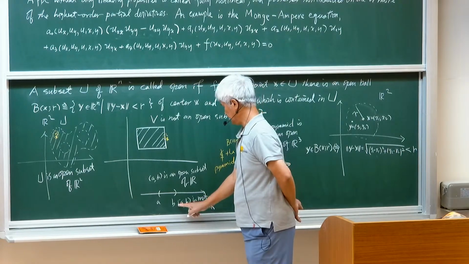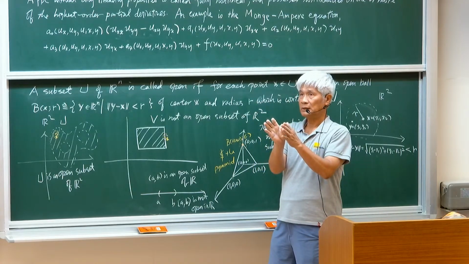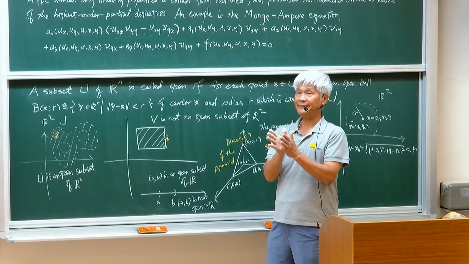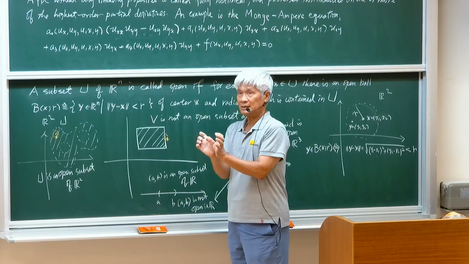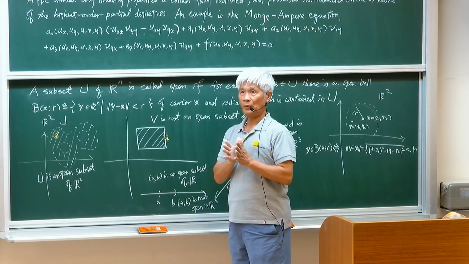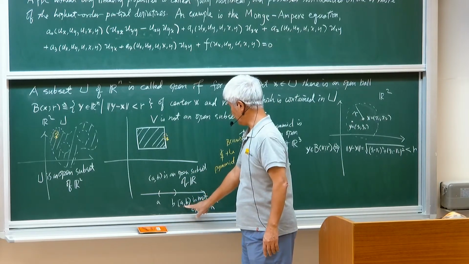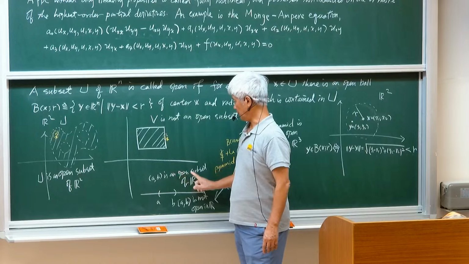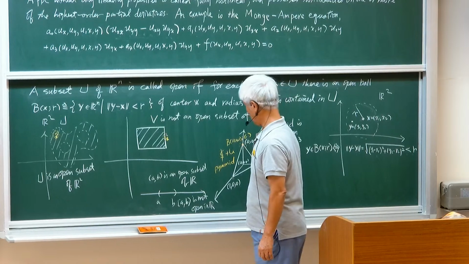At point a, if you construct an open ball, which is just an open interval with center a and radius r, part of the open ball will be outside of this interval. So this half closed half open interval is not open in R. But the open interval is an open subset of R. So that is about the open set.